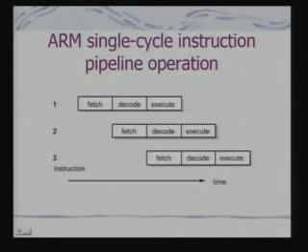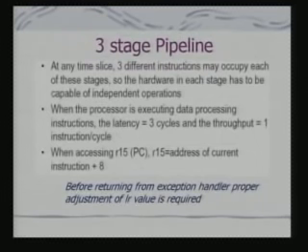This is the simplest 3-stage pipeline: fetch, decode, execute. At any time slice, 3 different instructions may occupy each of these stages, and when the processor is executing a data processing instruction, the latency is 3 cycles and throughput is 1 instruction per cycle. I hope you have understood why latency is 3.